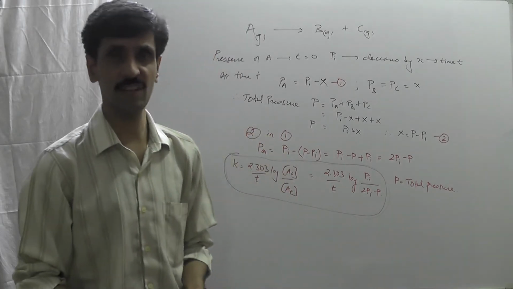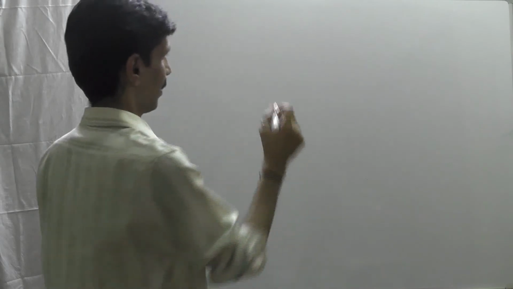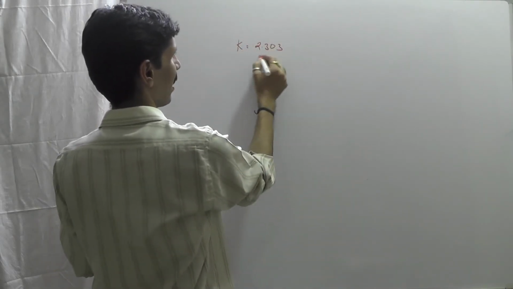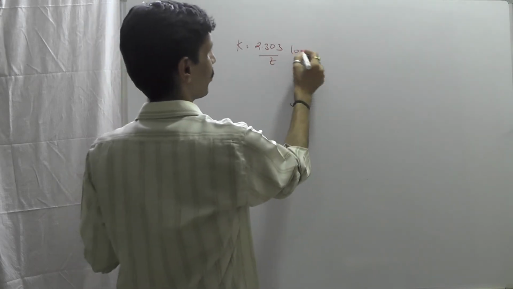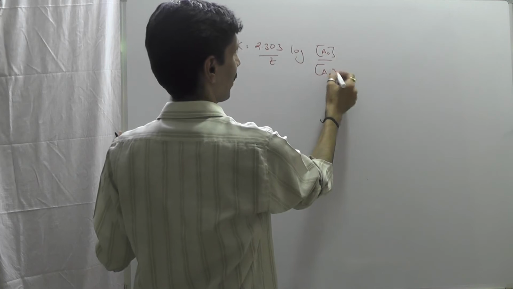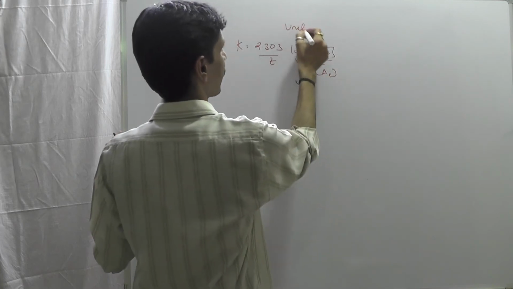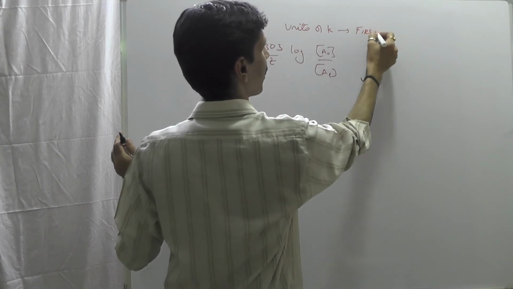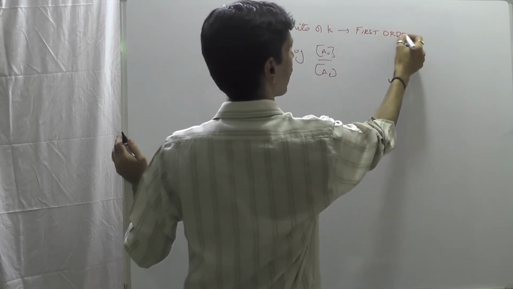Alright, I guess the concept is clear to you. We now discuss what will be the units of the rate constant for the first order reaction. Now, the formula once again: K is equal to 2.303 upon T into log of A0 upon AT. Units of K for the first order reaction.